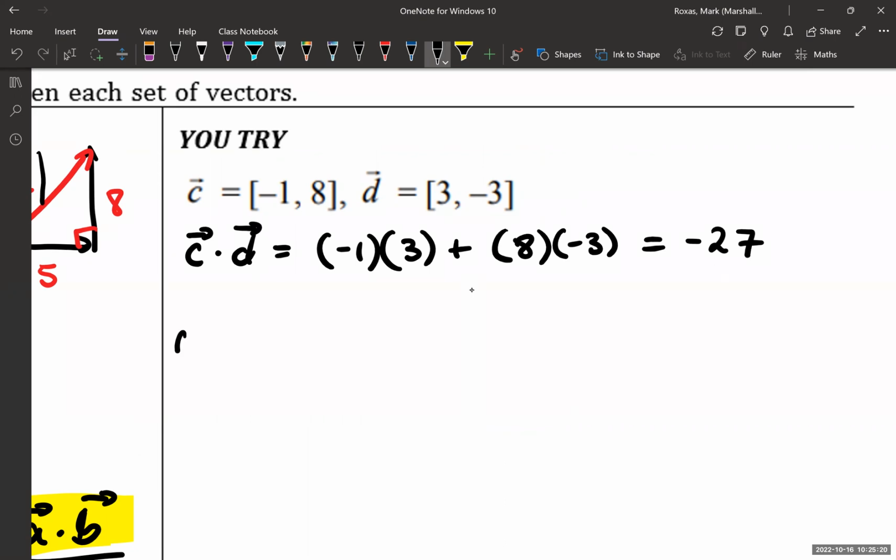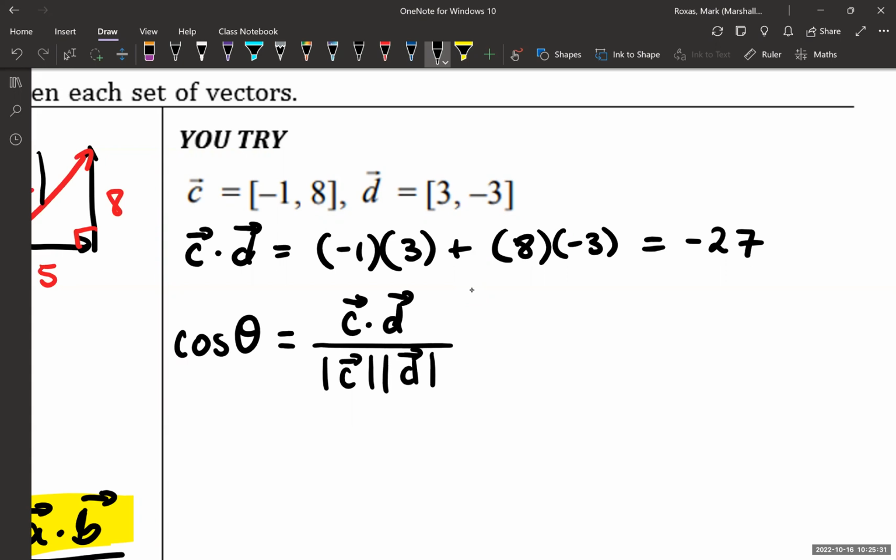If I wanted the angle, I could say cosine of theta equals C dot D divided by the magnitude of C times the magnitude of D. Again, I got that from the rearranging of the dot product formula, and instead of A and B, I'm just using C and D. Where I have the dot product on top, I can replace that with -27.